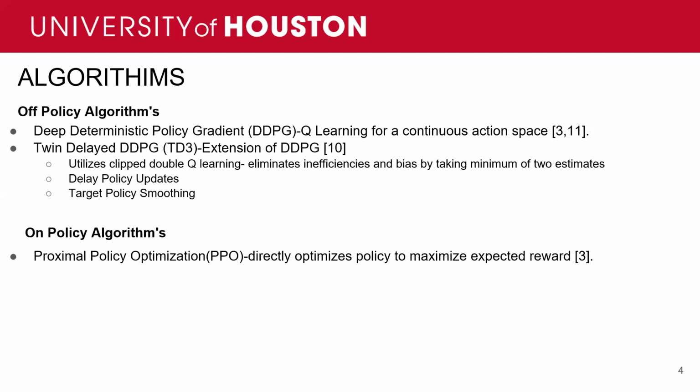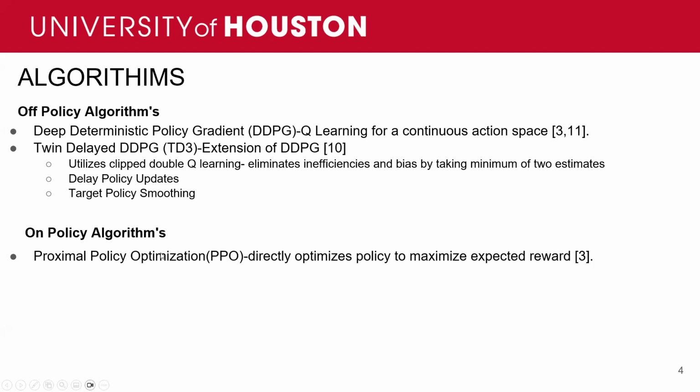Some of the three key features of this algorithm is it utilizes clipped double Q learning. So it takes two Q values and takes the minimum of those two Q values to try and limit Q value overestimation. It also has delay of the policy updates and target policy smoothing.